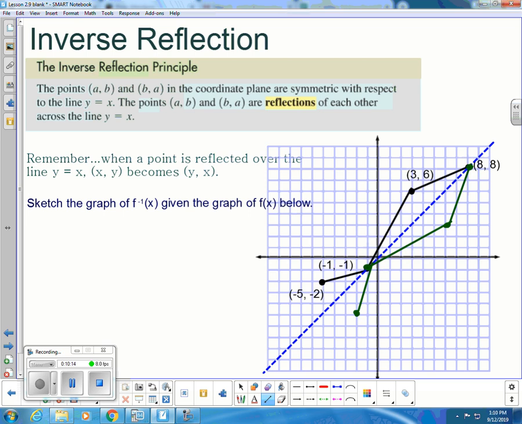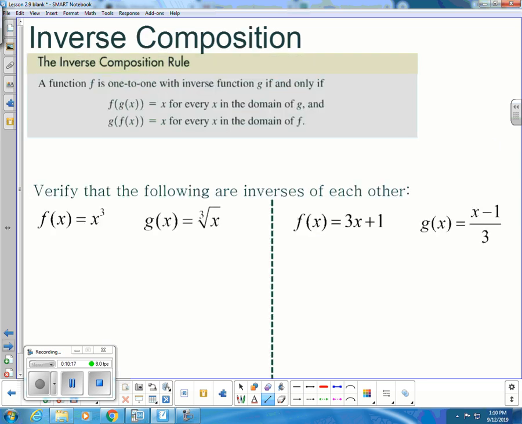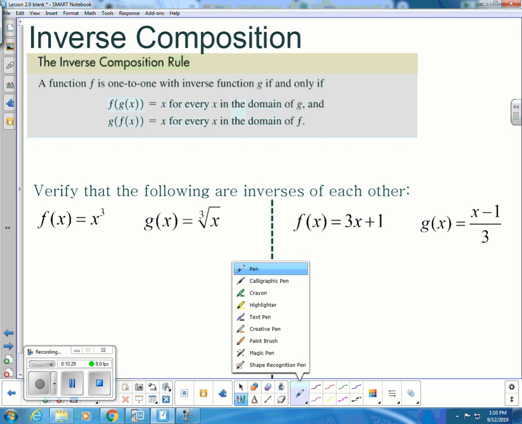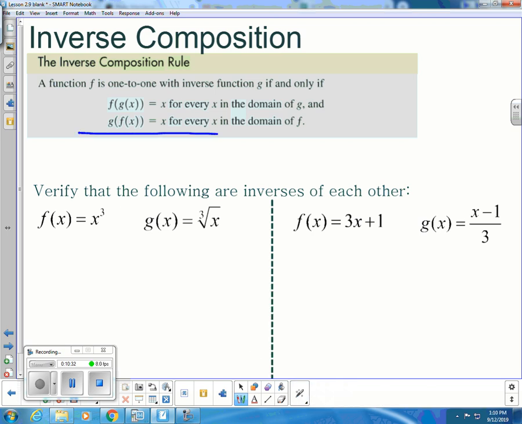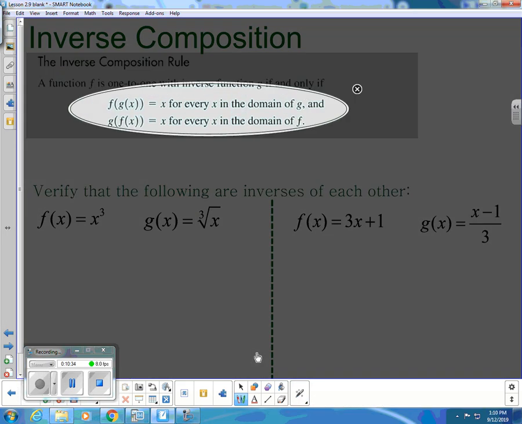The last rule regarding inverses. Last property, rule, principle, whatever. If f is 1-to-1 with the inverse g, then this is what's going to happen. This is what we care about. If and only if f of g of x equals x and g of f of x equals x. If that's true for the domains of each individual input function, then they are inverses.